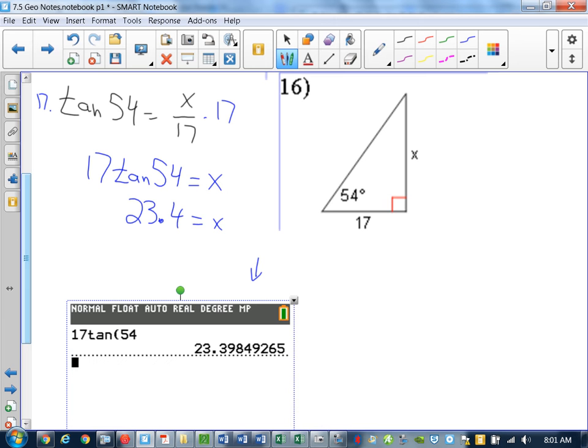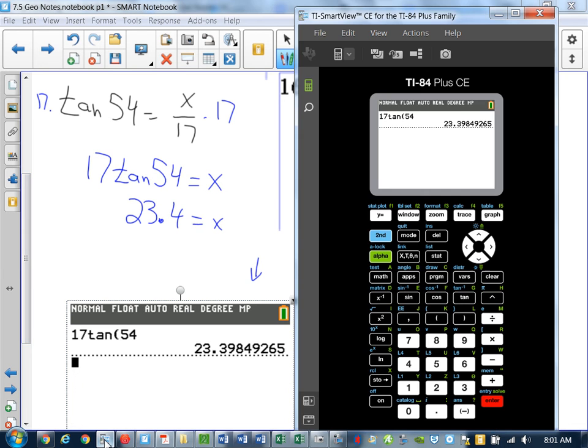Now, I want you to see something real quick. Let's say you wrote down 17 tangent 54, but you accidentally typed 17 cosine 54 just by mistake and you hit the wrong button. And you wrote down 9.99. If you write down 9.99 for your answer, I don't know what you did. I have no idea.